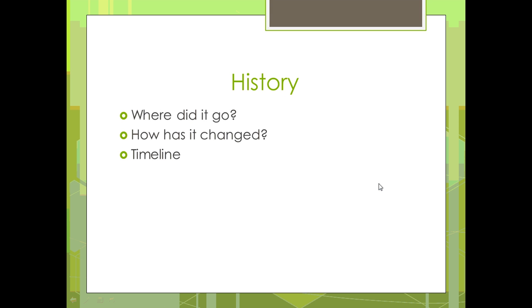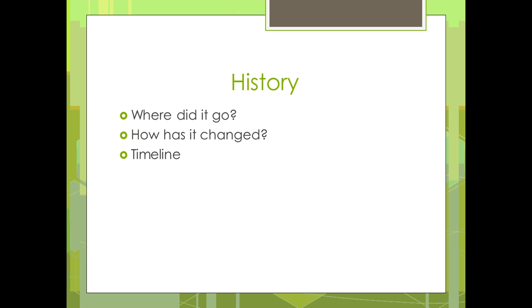Then I want you to focus on the history. Once the energy source was created or was discovered, where did it go from there? Was it only used by a few people? Did everyone jump on the bandwagon and think this was the next big thing? What happened after the discovery? Okay, how has it changed since the discovery? Do we use it more?